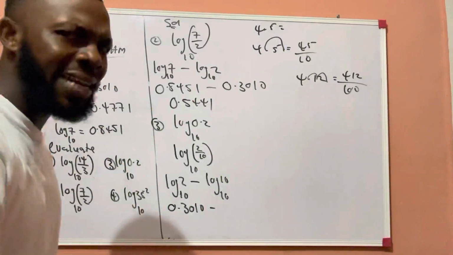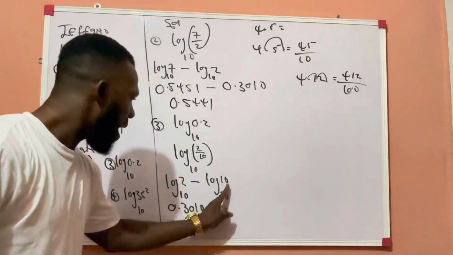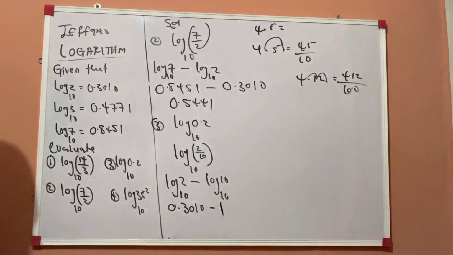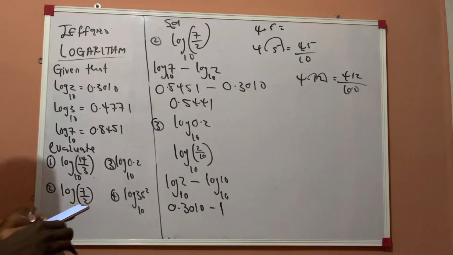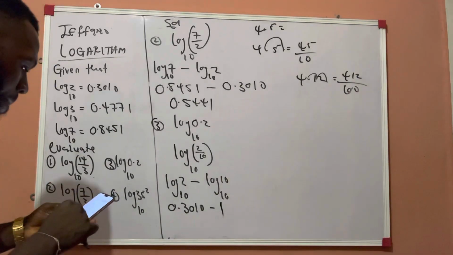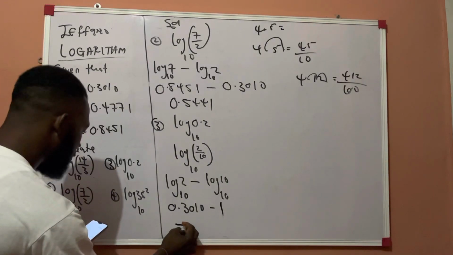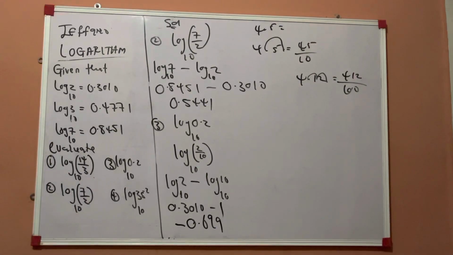Remember in the laws of logarithm that when the number and the base are the same, the answer is 1. So 0.3010 minus 1, the answer we're going to get is negative 0.699. That is the answer to that question.